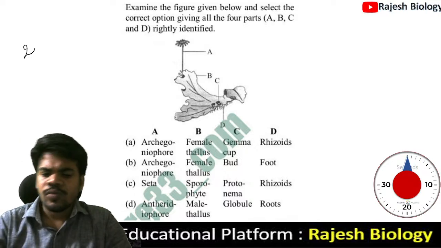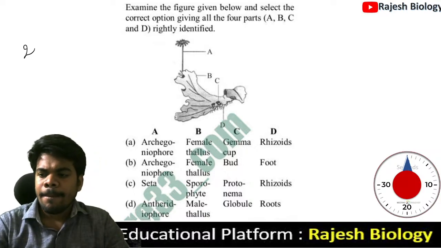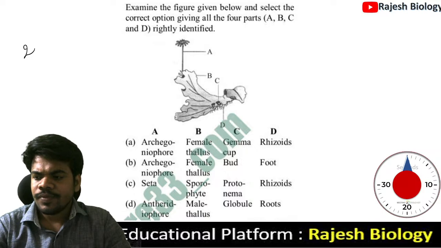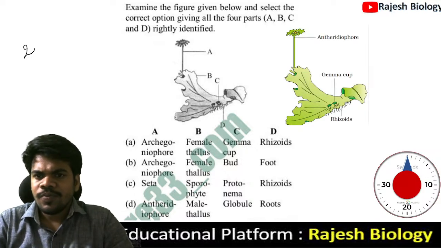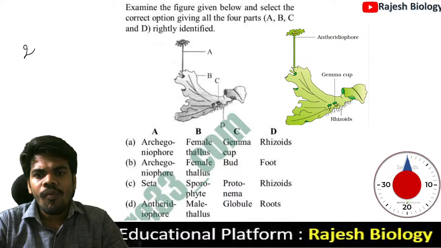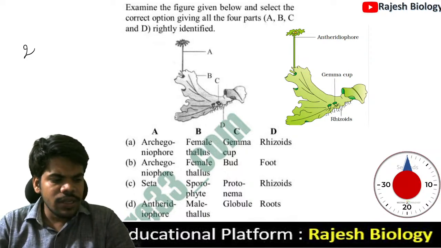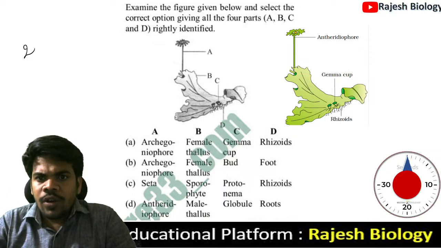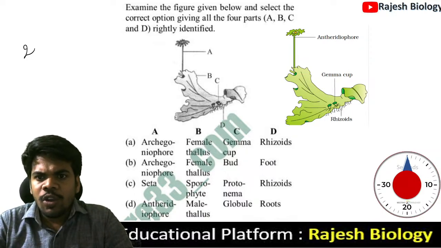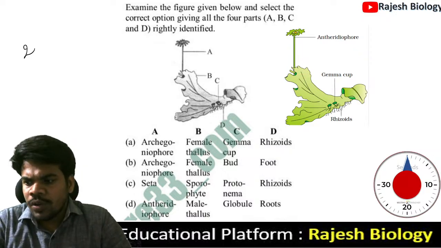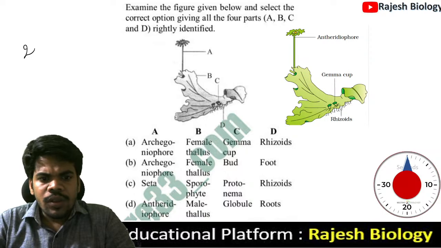Yes, here is the clue. Actually, it is the answer. So the right answer: the first one is the antheridiopore here, and that is the archegoniophore.